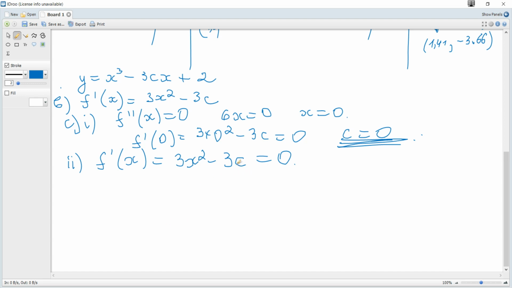We can see that when c is negative, x squared is equal to a negative number, hence there are no solutions. But when c is positive, x squared is c and x is plus minus root c, which gives us two turning points, or actually just stationary points. But to have two stationary points, c must be positive.